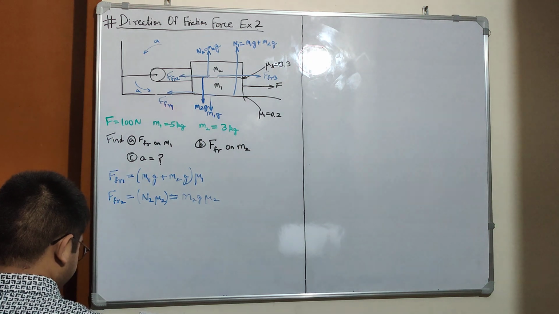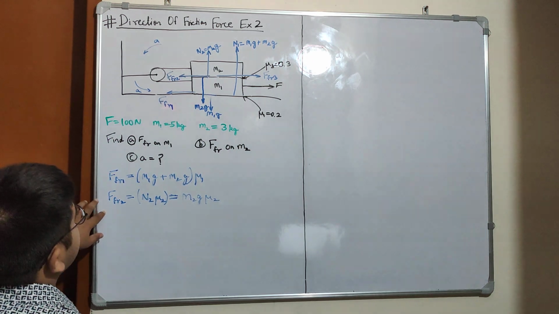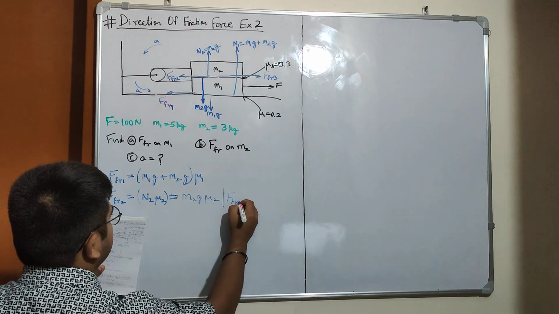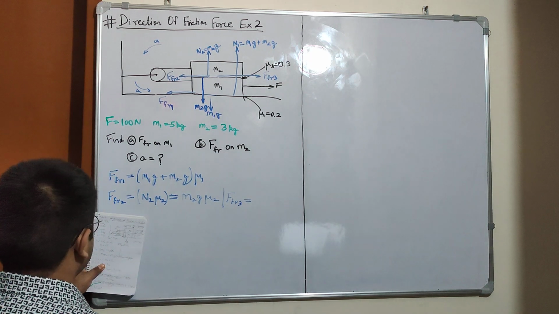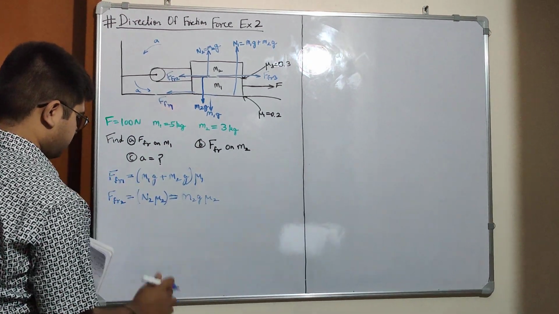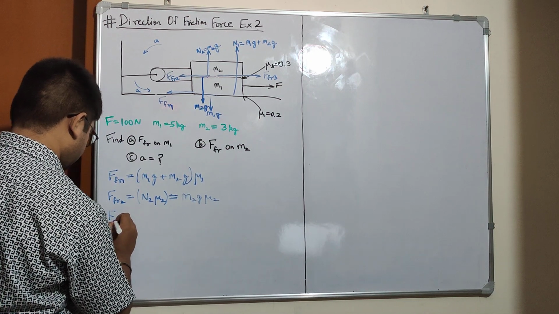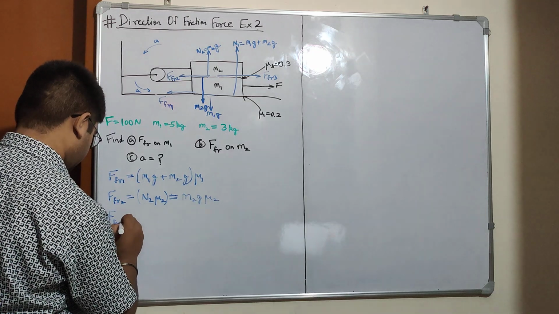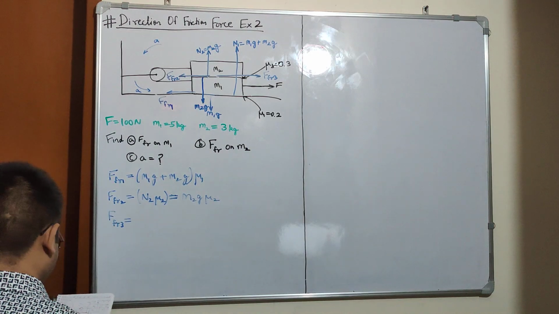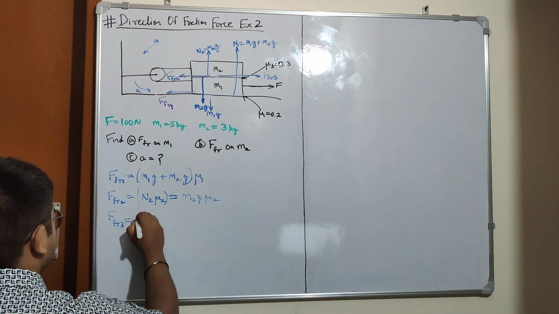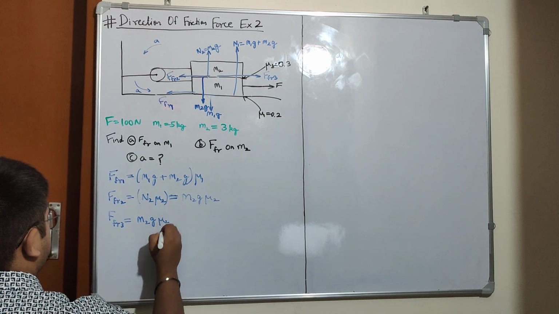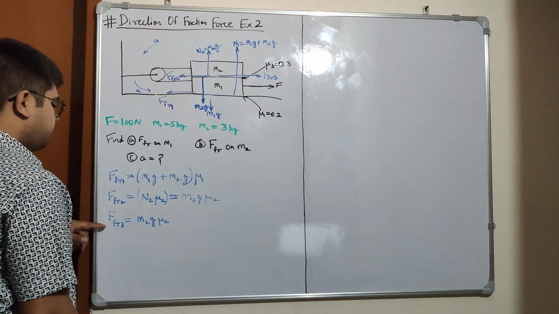Then we have found the two friction forces, and friction force 3, FFR3, would be equal to m2g μ2. So these are our three friction forces' magnitudes.